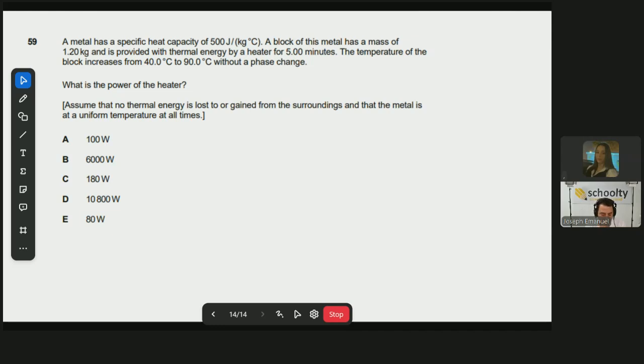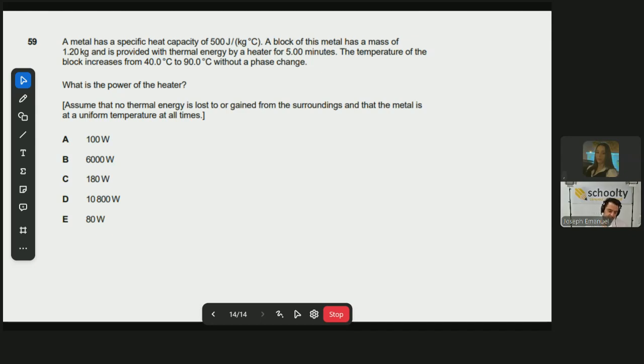The temperature of the block increases from 40 Celsius to 90 Celsius without a phase change. What is the power of the heater? Assuming that no thermal energy is lost or gained from the surroundings and that the metal is at uniform temperature all the time.